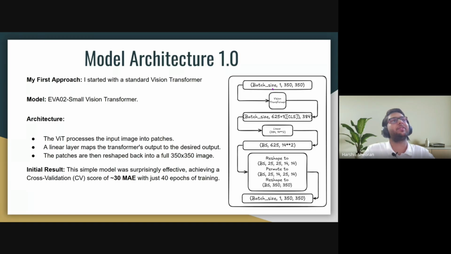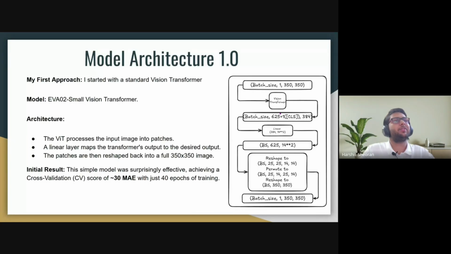So for this batch size, because we don't have 5 channels, we concatenated them into one. So one, and then we have 350. This first 350 is just 1000 resized to 350, and the second 350 is the 17 times 5 equal to 350, which then gets passed on to a vision transformer model.